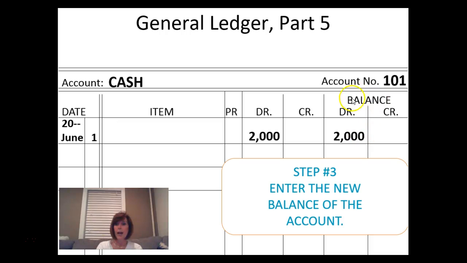The last column will keep the running total. You'll just have the individual transaction amounts in the first columns, and then you will add or subtract as the case may be.